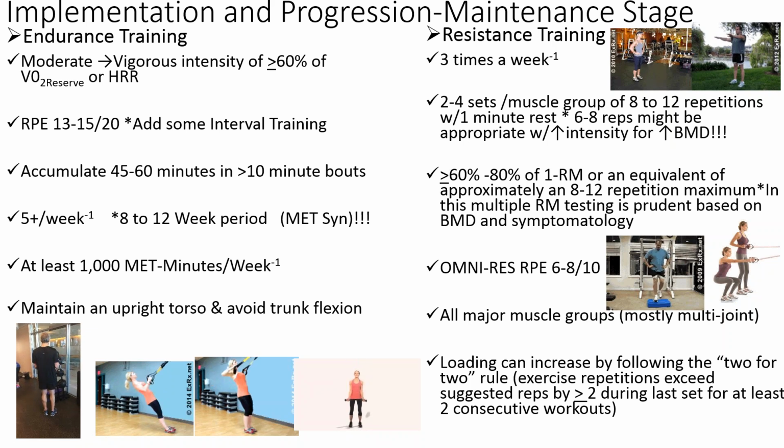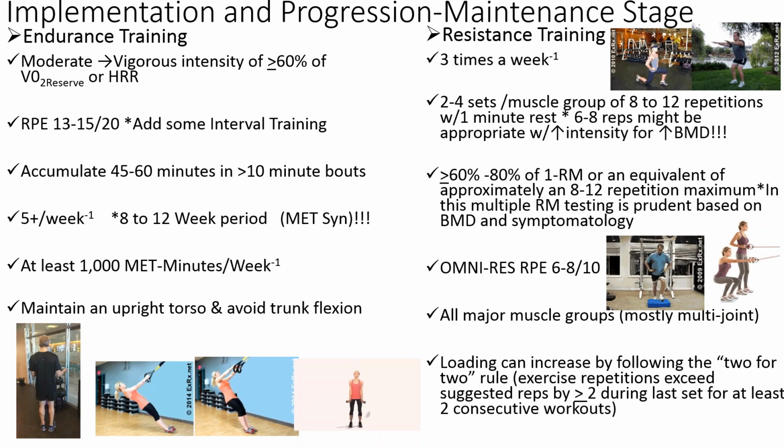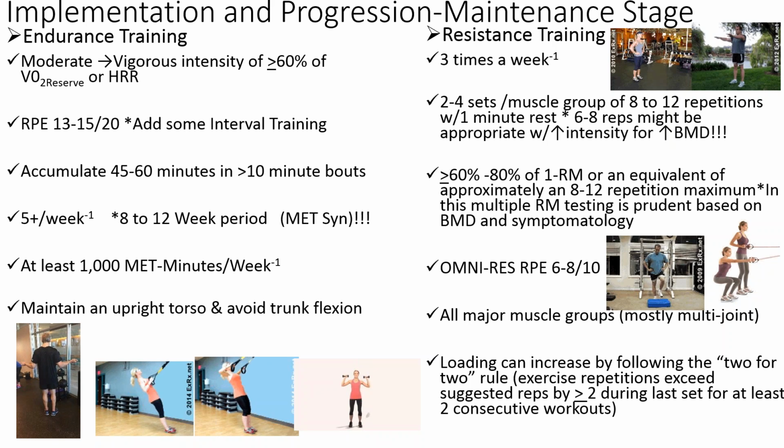You just need tubing or cables lashed around a pole. And the band is maintained, it's tight and it's crisscrossed, and you're in external rotation and you're just retracting the scapula. And that's a fantastic exercise. It can be done sitting. It can be done in a supine position as well if the person is more comfortable with their head on a pillow. And then you can see some body weight exercises here being important in that stage.